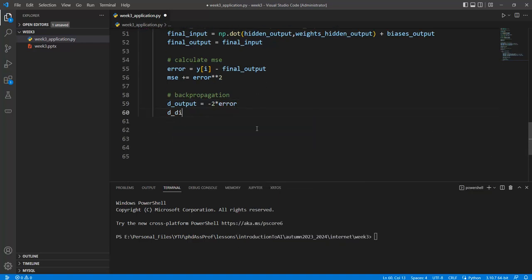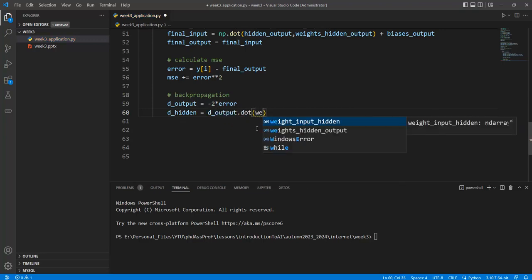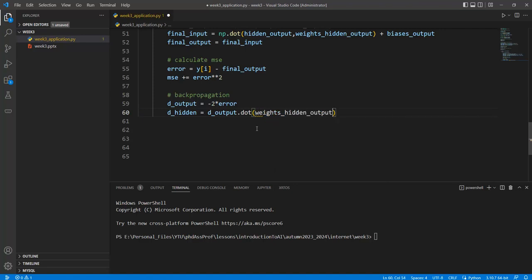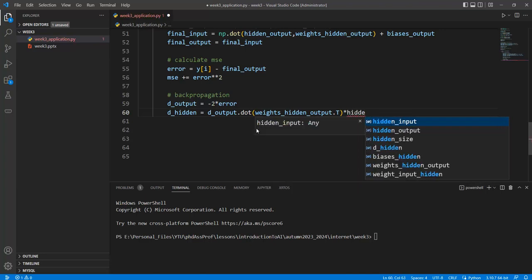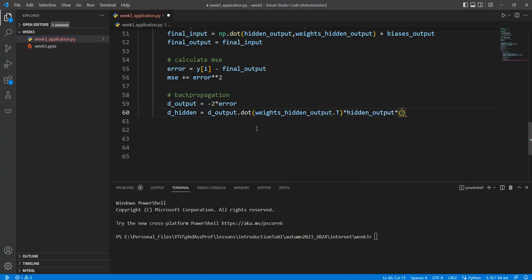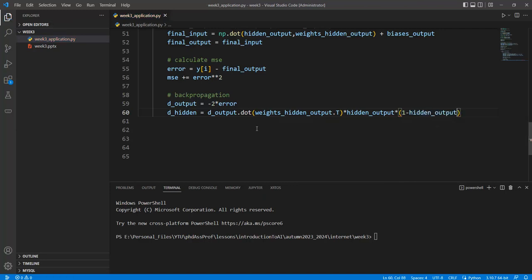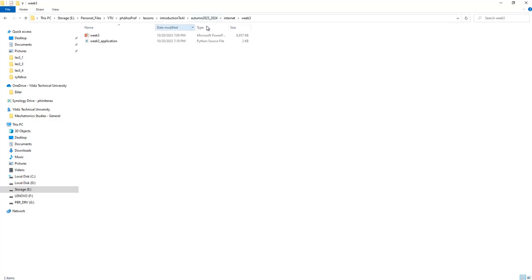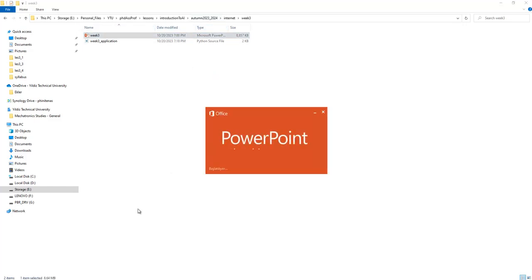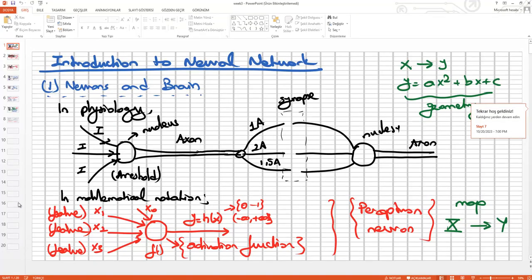And the d hidden can be assigned to the d output dot with the weights hidden output transpose, times hidden output times 1 minus hidden output. This is the exact match for this term. Just remember that.